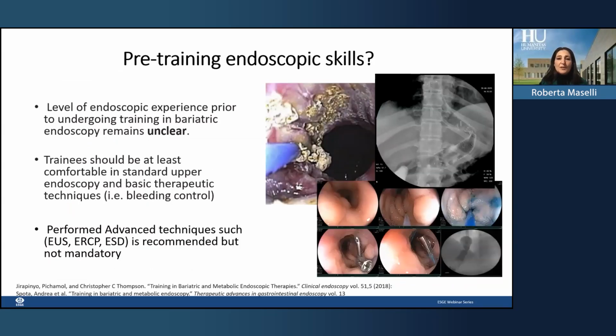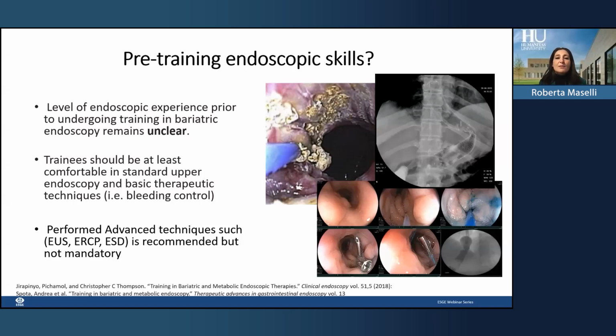So talking about these pre-training endoscopic skills, it is still not clear what level of endoscopic experience should be enough to undergo training in bariatric endoscopy management of complications. But at least let's say that trainees should be comfortable in standard upper endoscopy and basic therapeutic techniques, like, for example, bleeding control.